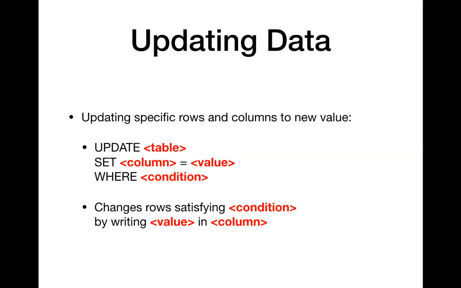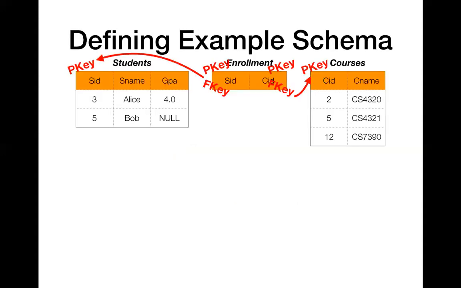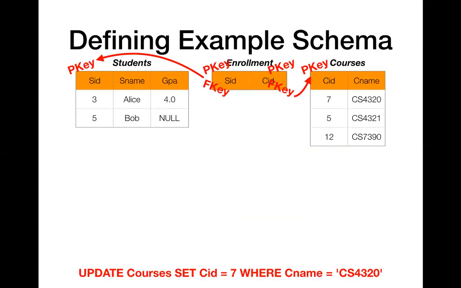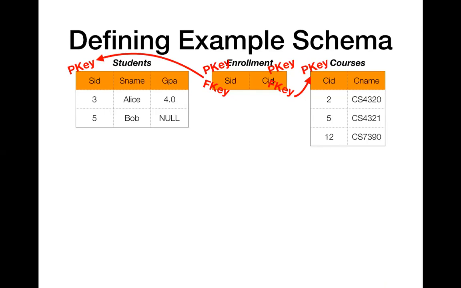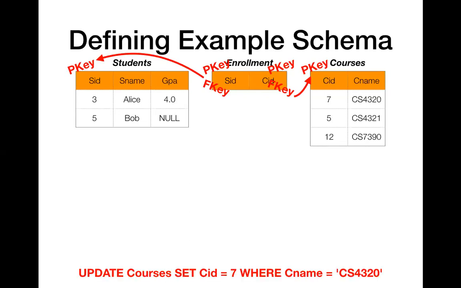So this command changes those rows satisfying the condition by writing the given value into the given column. So here, for instance, maybe we want to change the course ID to number 7, where the name is 4320. And here you can see the table changing after we run the corresponding command. All right.